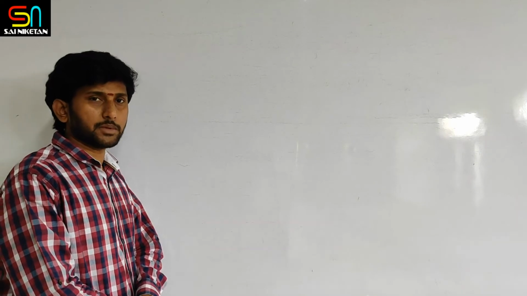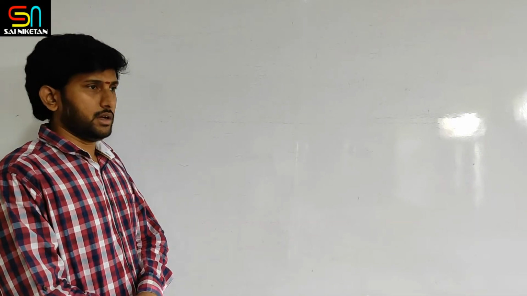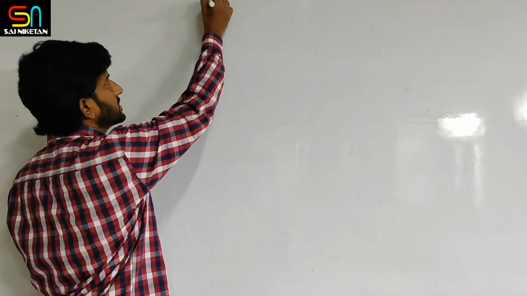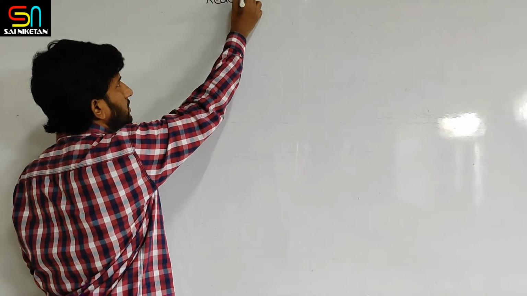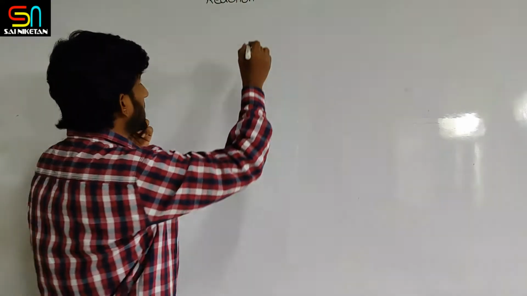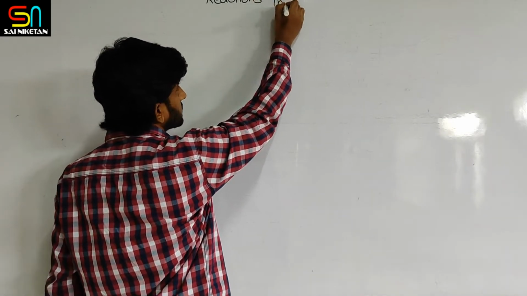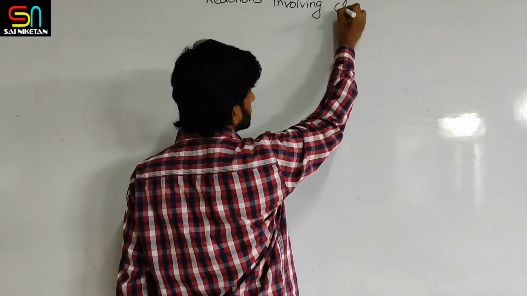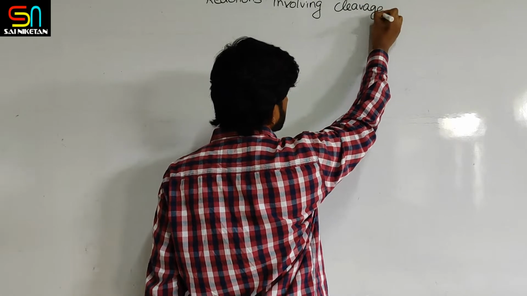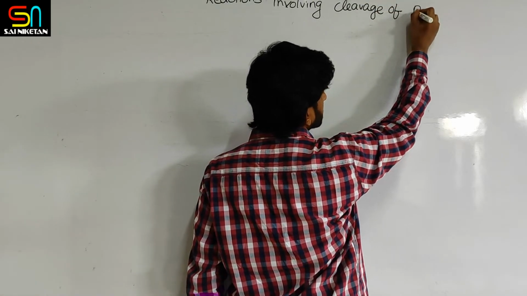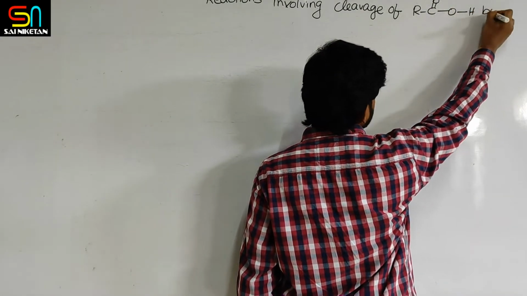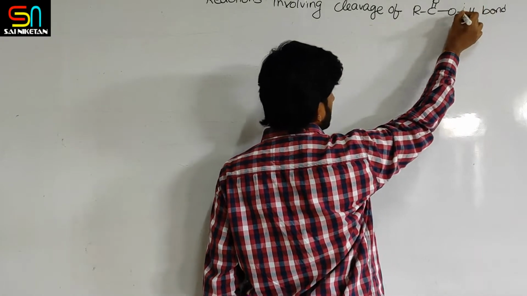Reaction methods of carboxylic acids. We have seen physical properties of carboxylic acids, and now we are into chemical properties. In chemical properties, the first set of reactions is reactions involving cleavage of the OH bond.